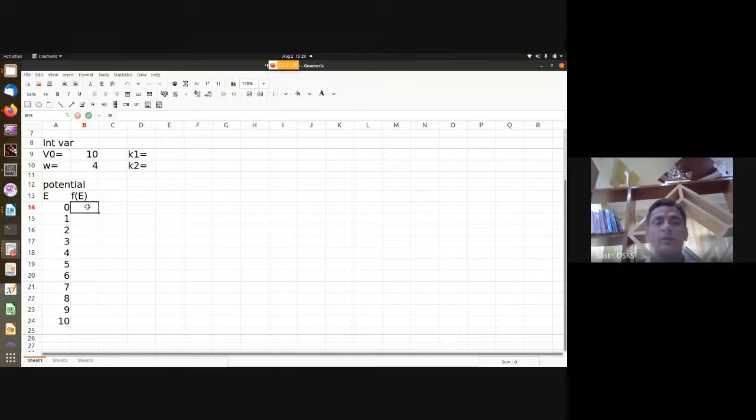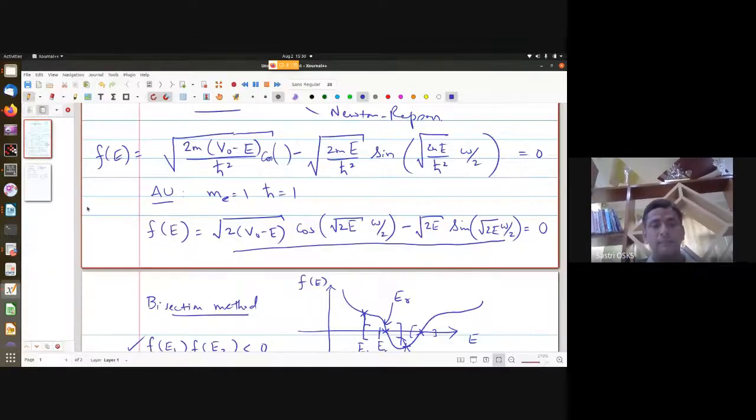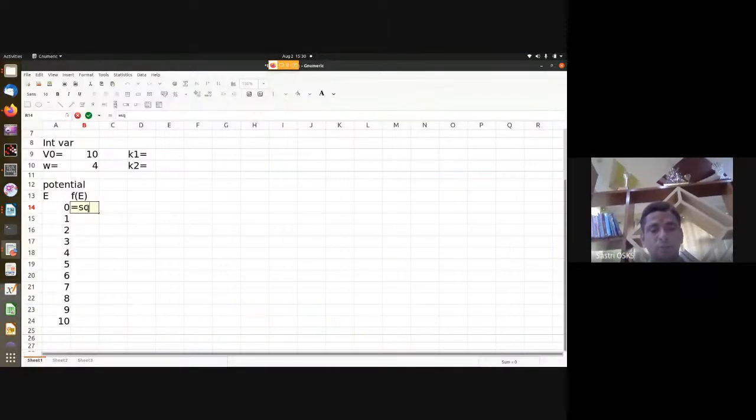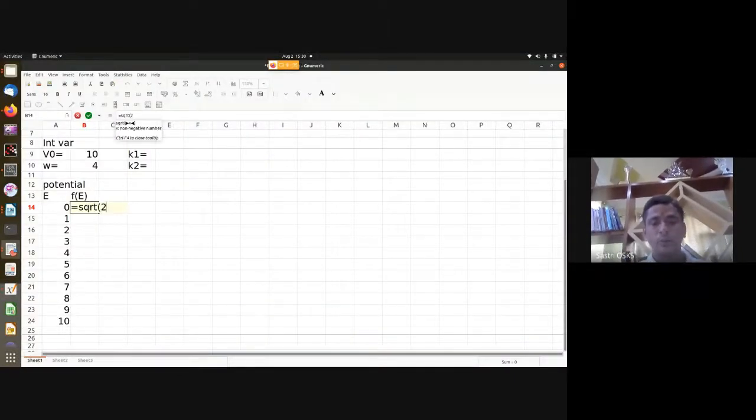I hope all of you are able to see my screen. Now we have to give the formula. Square root of 2 star, bracket open, V0. V0 is B9, so we put $1 there and another $1 because that value doesn't change as we move. V0 minus E, E is here, right?